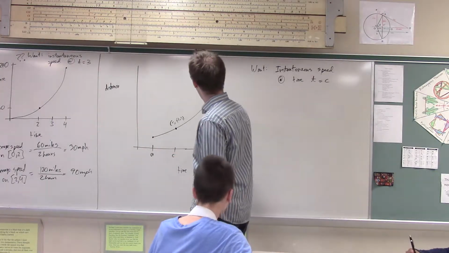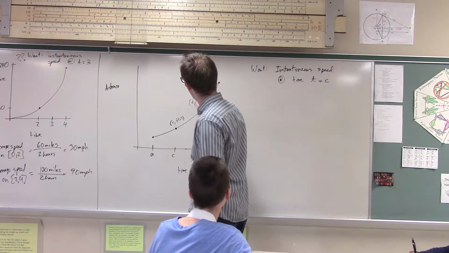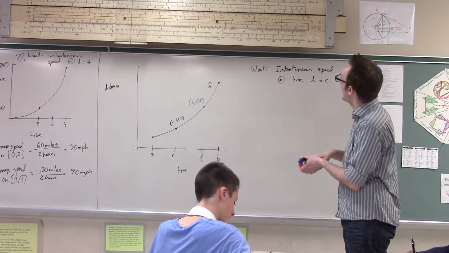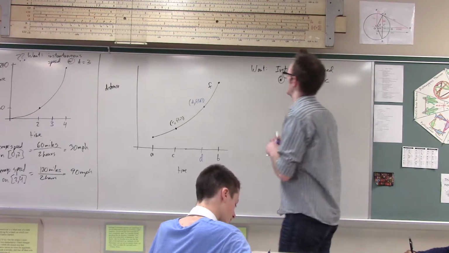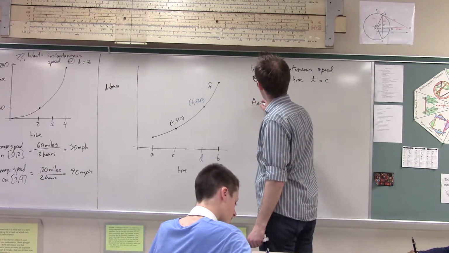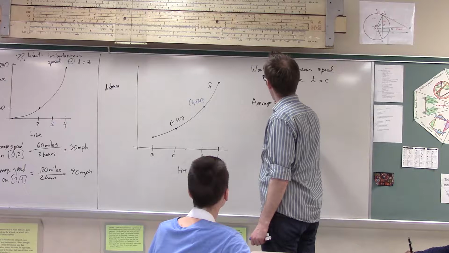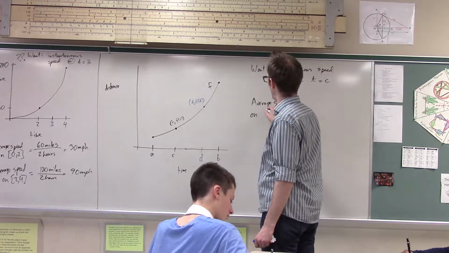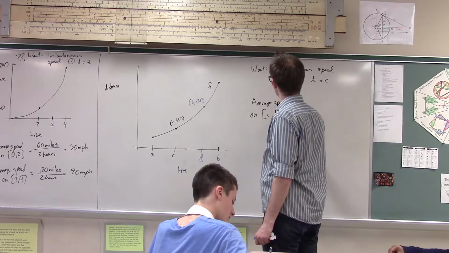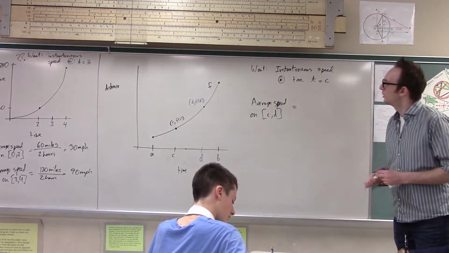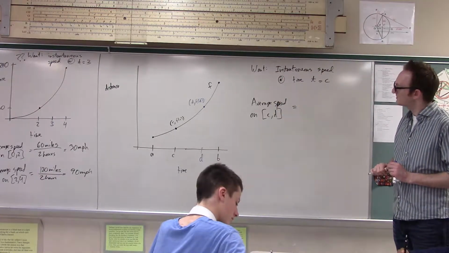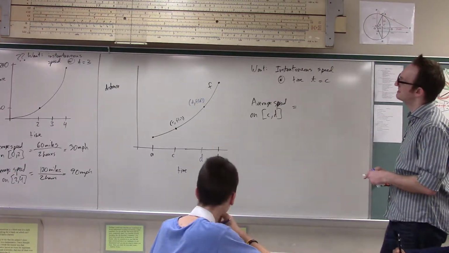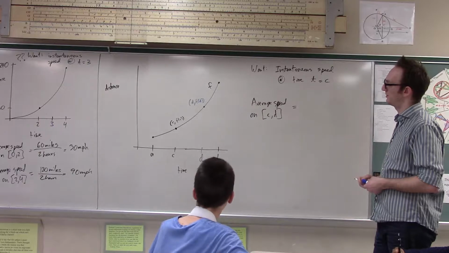And this is the point D comma f of D. All right, and now, instead of calculating the instantaneous speed at time c, we will instead calculate the average speed on the interval CD. And this is something that we just know how to do, right? What is the total distance traveled on this interval?